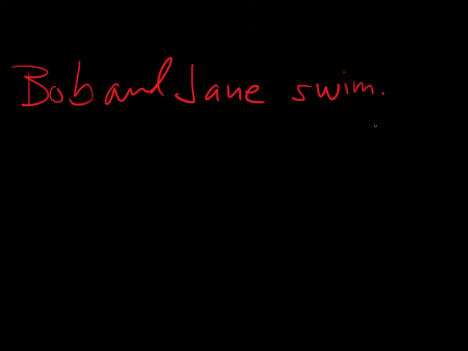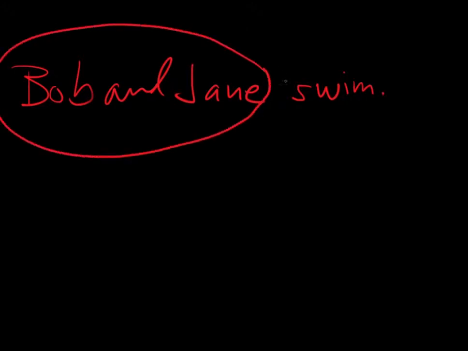We're keeping our verbs pretty simple right now, so it's sometimes hard to come up with sentences that are not in that early reader category. But until we start adding modifiers to our verbs, they're all going to be like this. So Bob and Jane swim. In this case, Bob and Jane are acting as the subject because they're both doing the same thing.